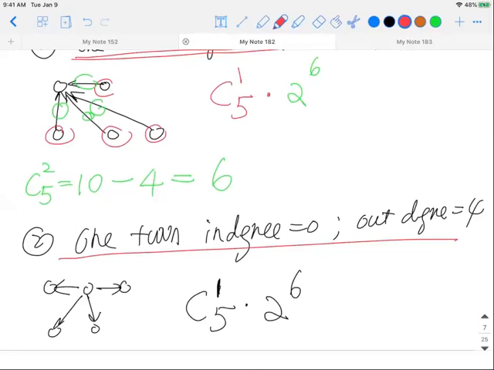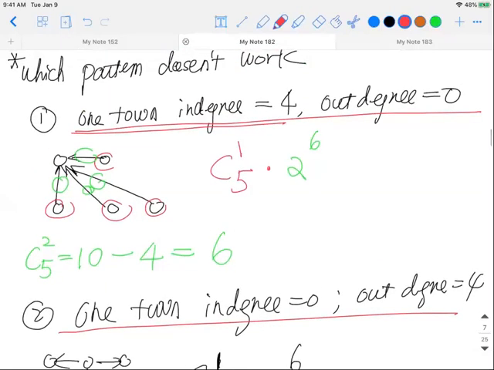Some students ask, why do you multiply 2 to the power of 6? Yeah, because like I said, there are in total 10 rows there, right? 5 terms connecting to all, there are 10 rows there. You already take 4 rows to do your in degree 4 or out degree 4. So remaining 6 rows, I don't really care. You do whatever you like. Can be out, can be in.